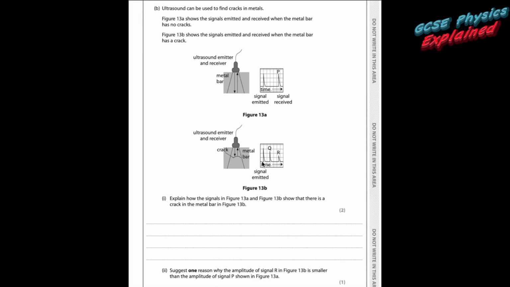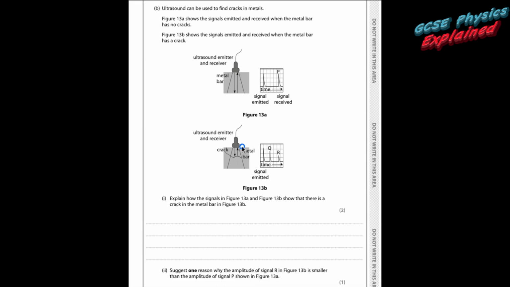So once again, you've got the 2 signals like you had before. One of them is immediate, because there's a reflection off the front surface, and that signal R is the reflection off the back surface. Now you've got this new signal Q, which is a reflection off the crack. Whenever there's a change of density, you're going to get a reflection.